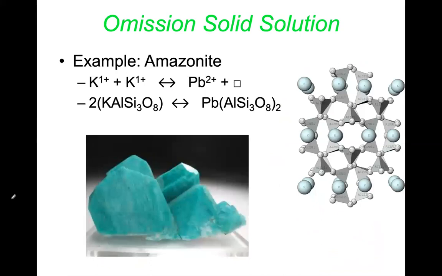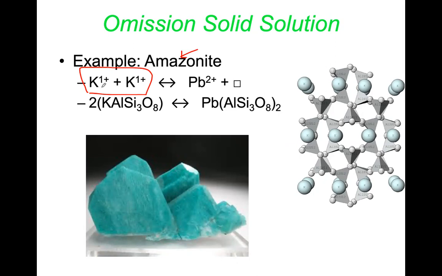One example: instead of these small cations, potassium in Amazonite, which is one of the feldspars. So potassium is there in K-feldspar.